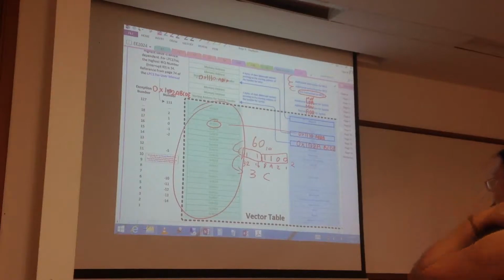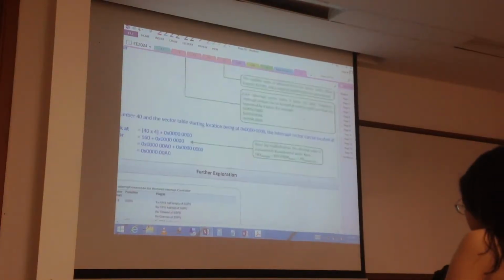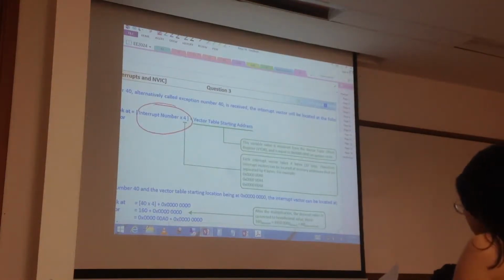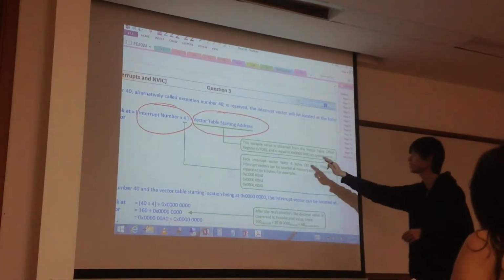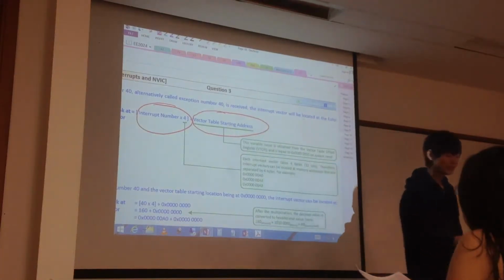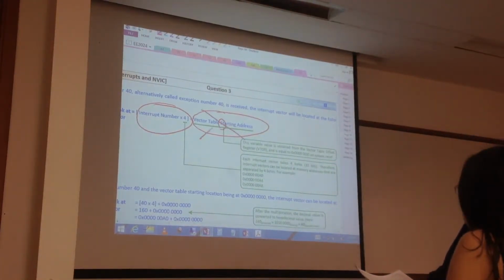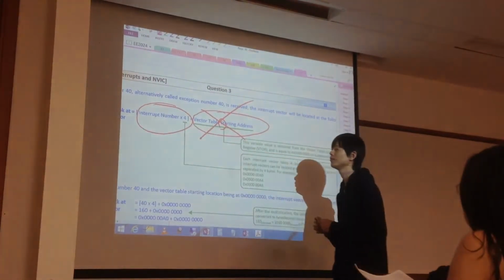The additional thing you have seen in this formula, instead of just a multiply by 4, there is a VTOR, okay? Vector table offset register. By default, this is 0. So if this is 0, it might as well not exist. So it is simply interrupt number times 4.